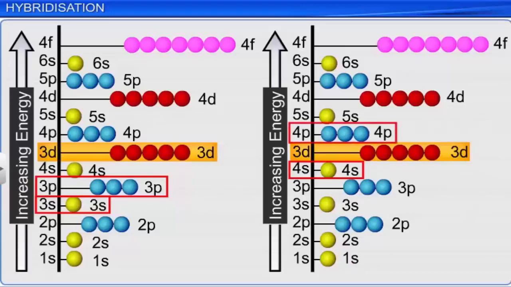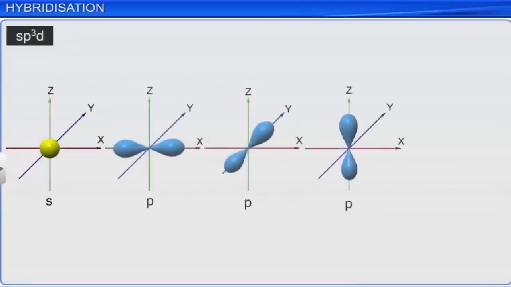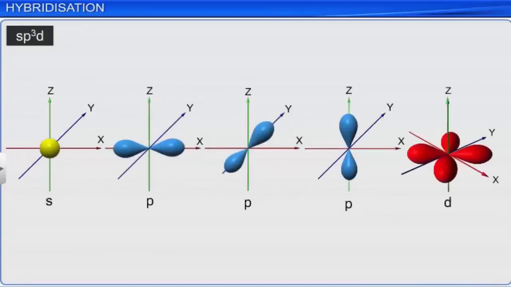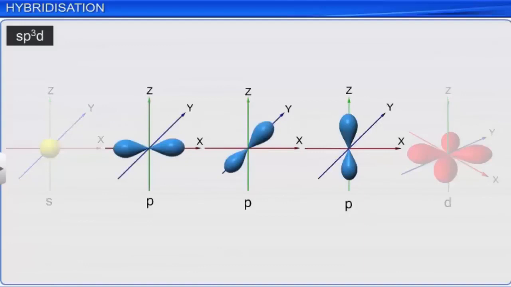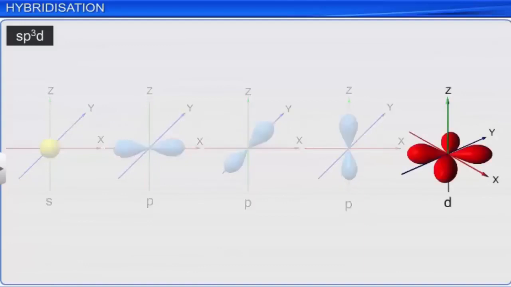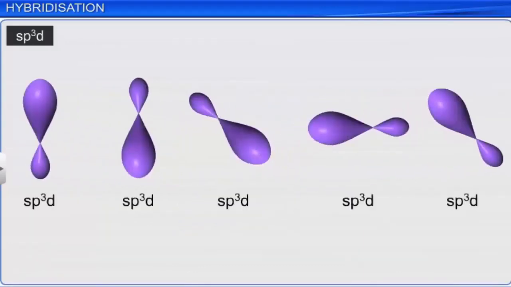In sp3d hybridization, one s orbital, three p orbitals and one d orbital combine to form 5 sp3d hybrid orbitals of equivalent energy.